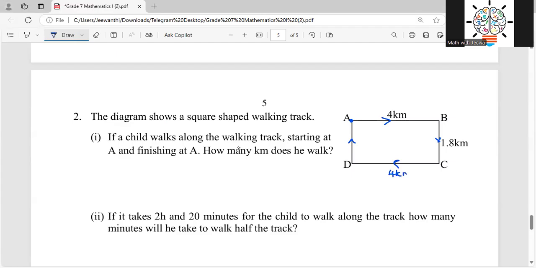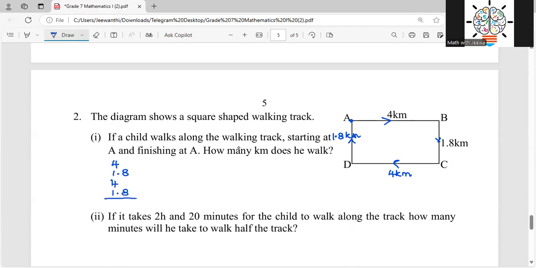You want to understand this is 4 kilometers and this is 1.8 kilometers. Simply they are asking for the perimeter of this diagram, right? If you are going around the shape, it gives you the perimeter. So how do you get this? 4 kilometers, then 1.8, again 4, and again 1.8.